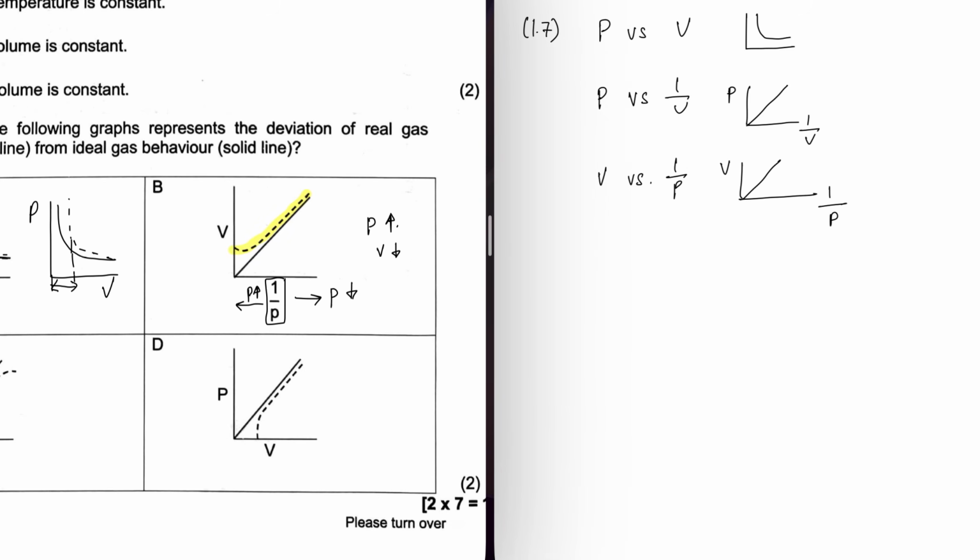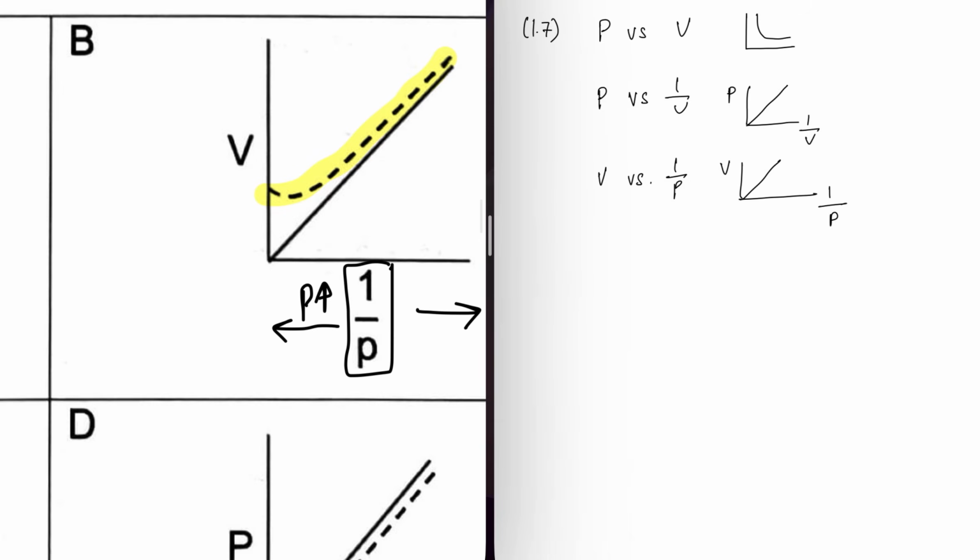Now we need to figure out, is this deviation correct? When the pressure increases substantially, you can see that when it gets close to the y-axis, there is a bend here. And this is accounting for the volume of the molecules themselves, right? Because remember, the volume cannot go back to zero.